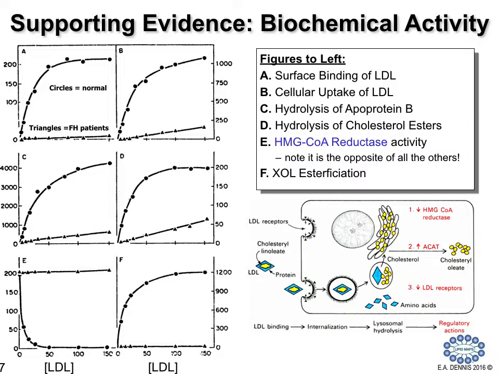In panel E, they homogenized the cells and looked for the HMG-CoA reductase activity in the cells.